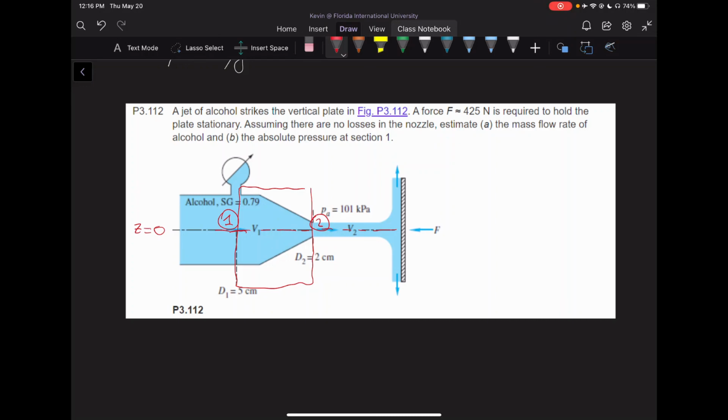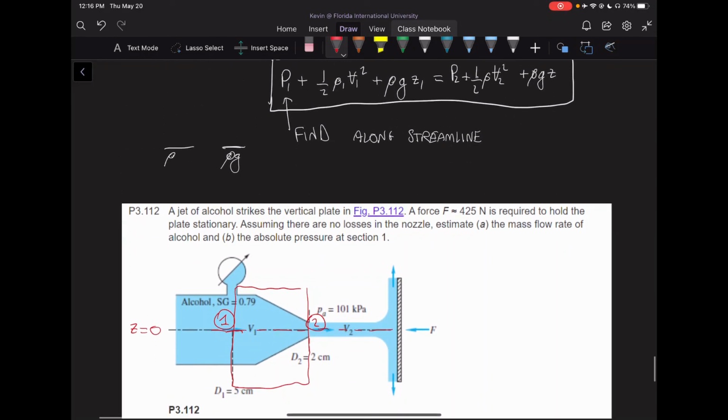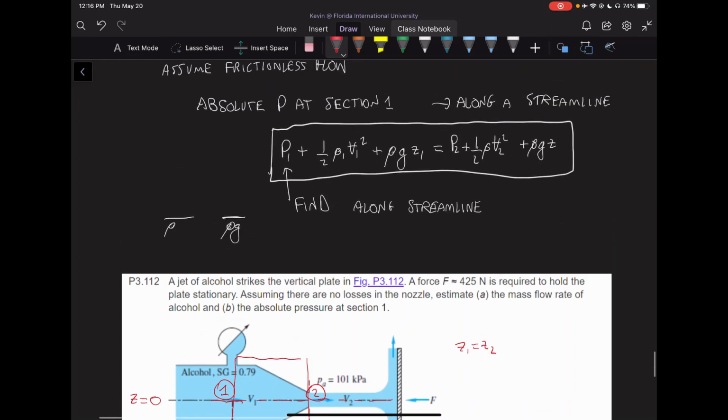So as our first simplification, since z1 is equal to z2, we can make them disappear. This becomes 0, and this term becomes 0. Both terms cancel out because z1 is equal to z2.